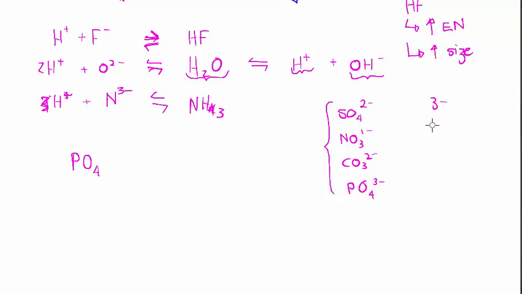Oxygen has 2 extra electrons, but there are 4 of them. So we have 4 times 2 is 8, 11 extra electrons in total. If we take away 8, because 8 electrons will fill up a new energy level, we're left with 3 electrons. So phosphorus will have a 3 negative charge.